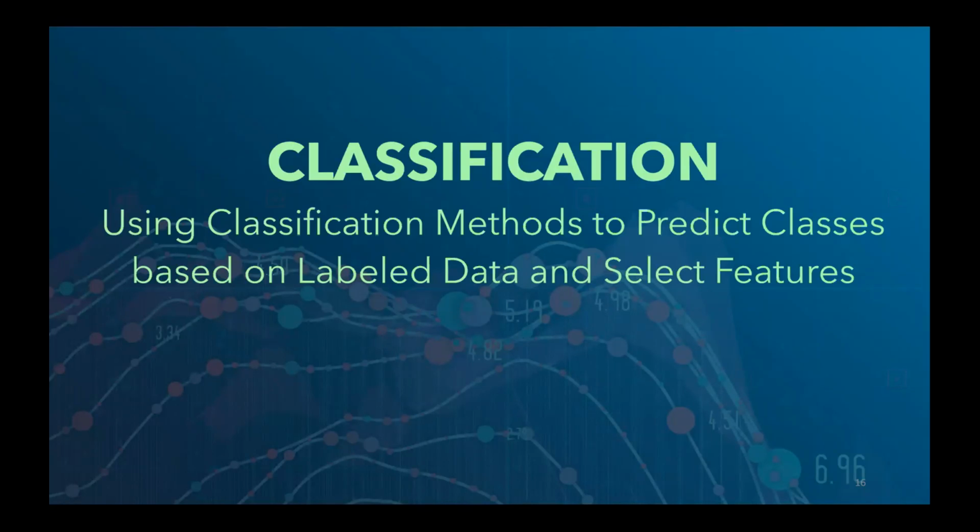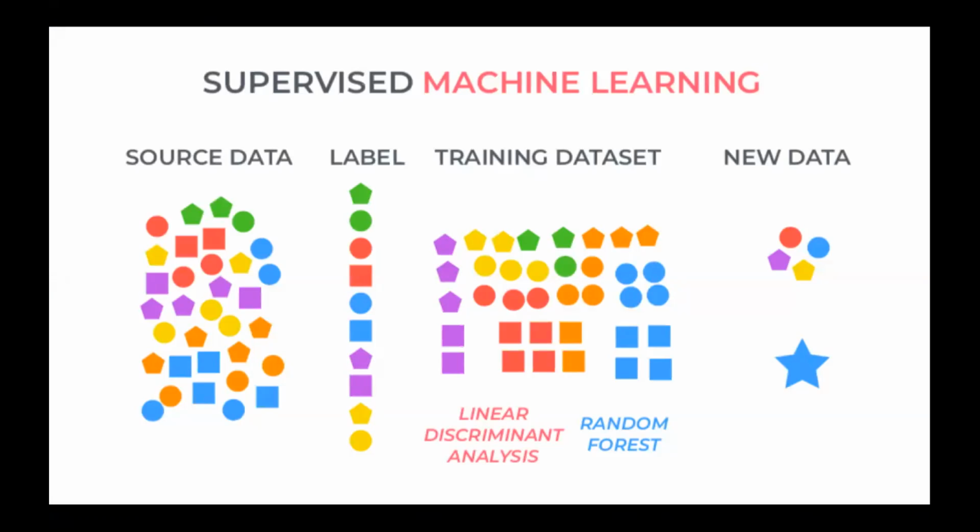Classification specifically can be used for feature selection, and that is another aspect that we are going to look at today. How do we use these methods to predict? How do we use these methods to understand classes? That is something that we are going to learn today. So we are going into the supervised machine learning methods.